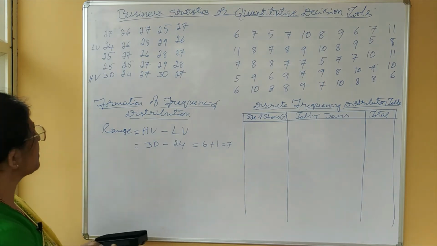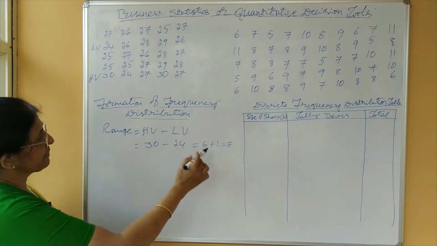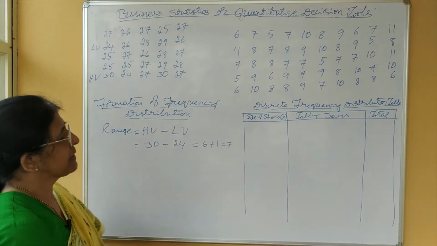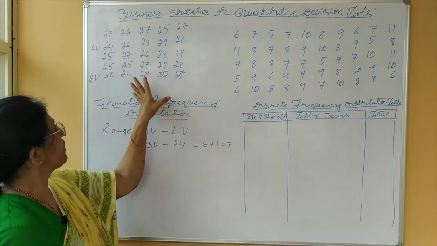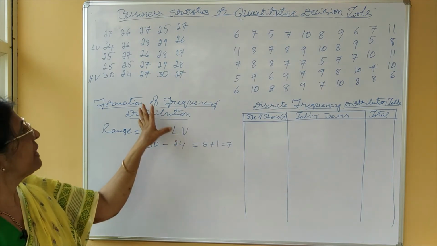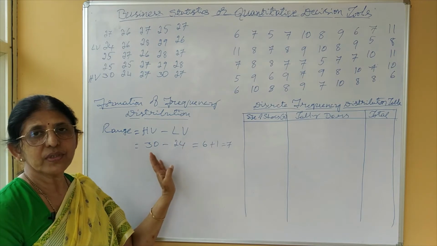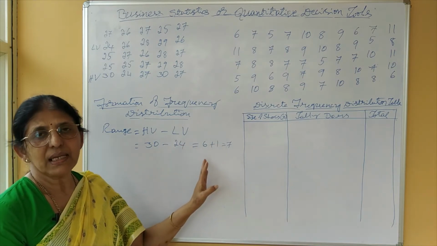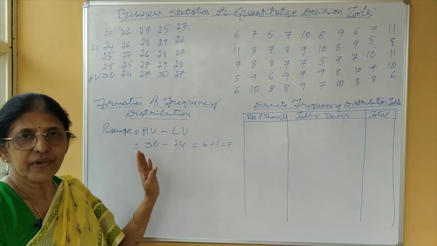Okay. Now we have to prepare the table. Next, after finding the range, we take the columns like this. Means this data is going to be classified or grouped with the help of tally bars. And next, to take the total, we are going to count these tally bars corresponding to each value of variable.